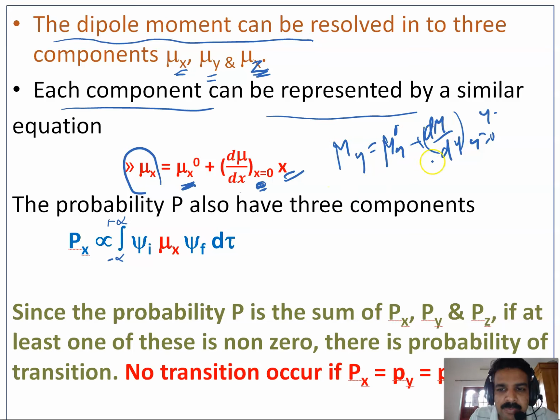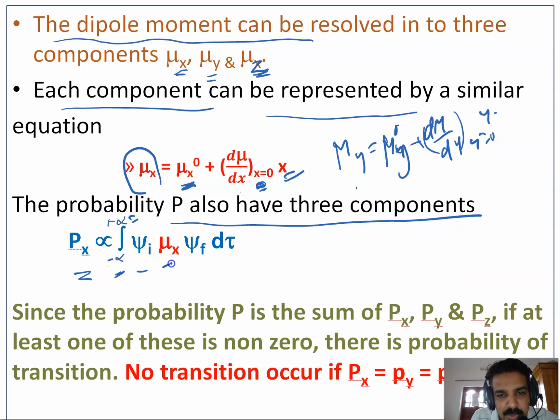Similarly for mu z, mu z is equal to mu z 0 plus d mu by dz at z equal to 0 times z. So we can get three transition moment integrals, and the probability P also has three components. That is, Px is proportional to the integral from minus infinity to plus infinity of psi i mu x psi f d tau.